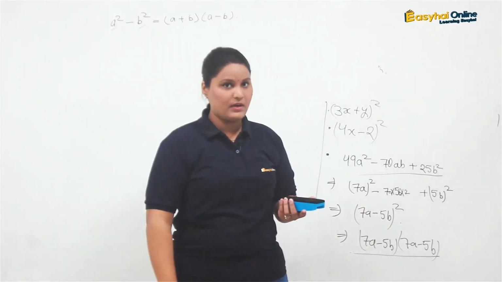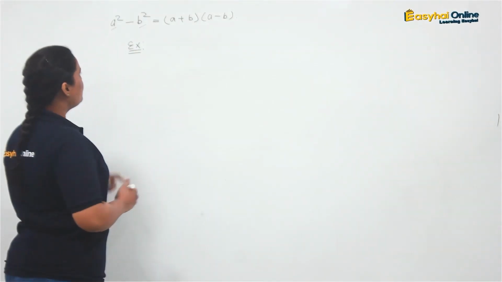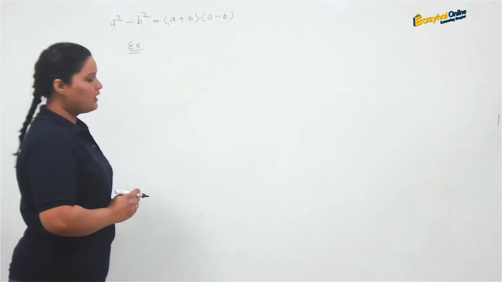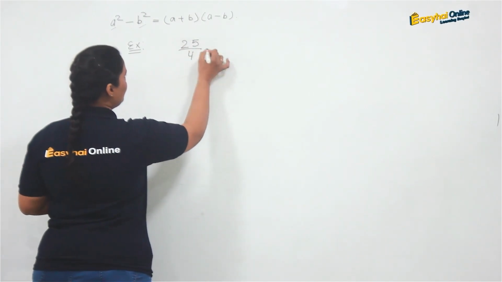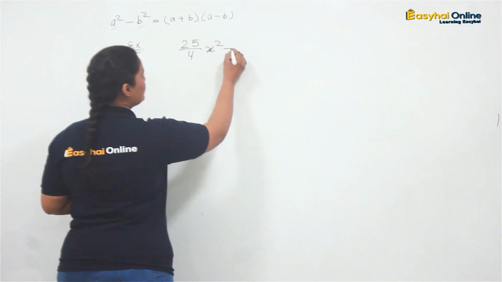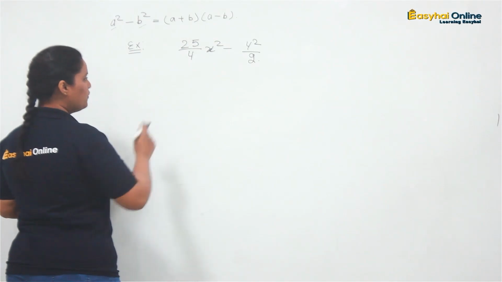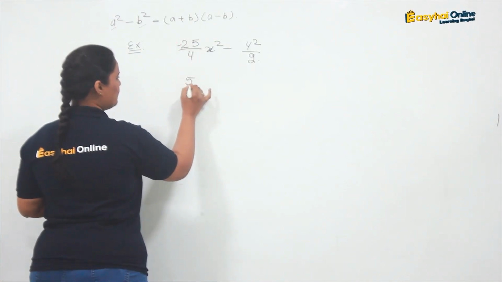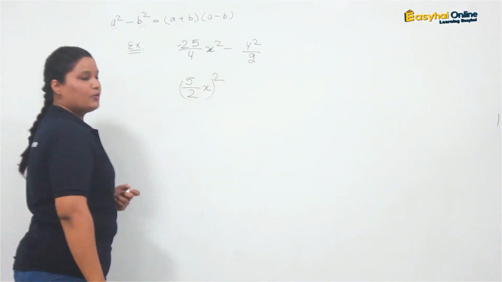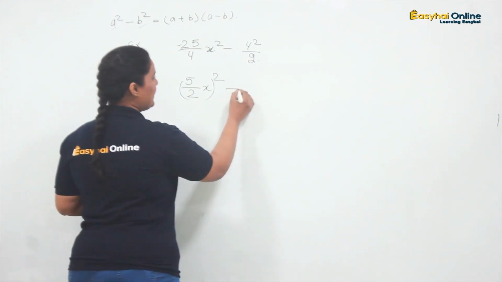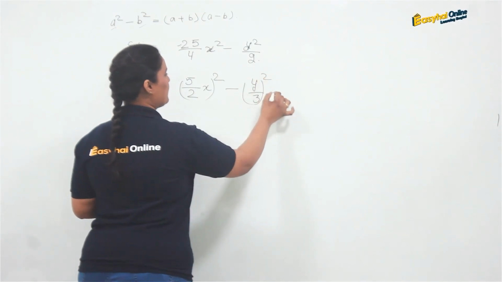Now I will discuss one example related to this identity. For example, 25 upon 4 x square minus y square upon 9. As you all know, 25 is the square of 5 and 4 is the square of 2. So it is (5 upon 2x) whole square minus (y upon 3) whole square.